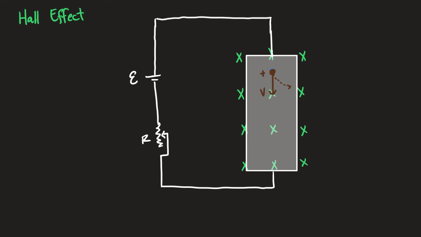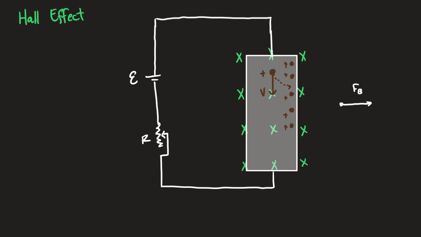Now what that means is that as the electrons pass into the foil, they're going to drift to the right side of the foil and begin to set up on the right side of the foil. And they will be pressed to the side until the magnetic force on them to the right is balanced by the electric force.